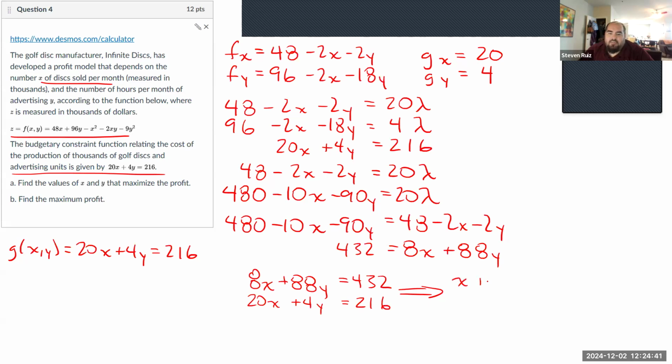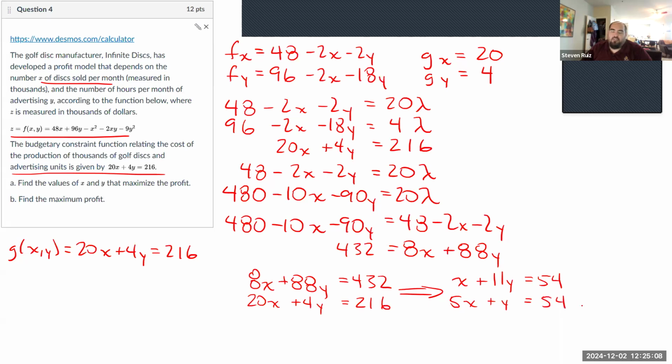So x plus 11y. That's 432 divided by 8, 54. x plus 11y equals 54. How about this bottom one? 5x plus y equals 216 divided by 4. Also 54.